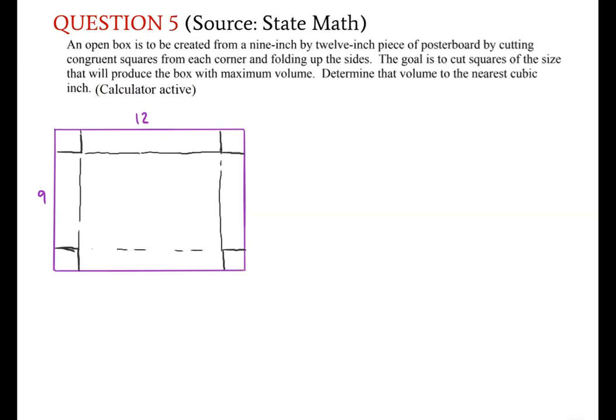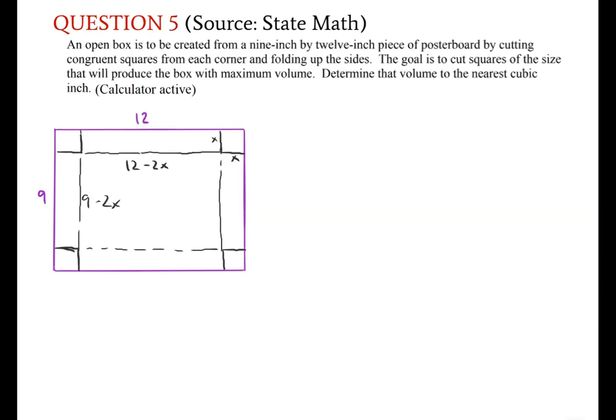Okay, so if we let the side of the square that we cut out be x, so you have x and x, then we know that this side is just 12 minus 2x, and that means that this is 9 minus 2x.